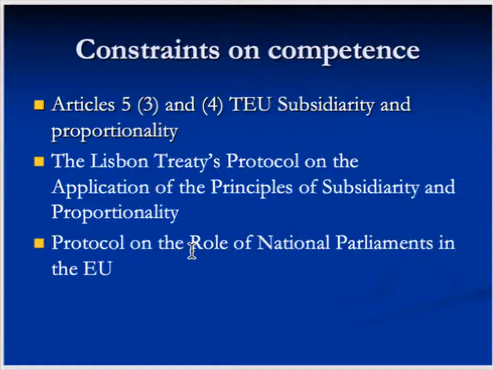The institutions of the Union have to apply the principle of subsidiarity as laid down in a protocol, which is an additional part of the treaty. And national parliaments are required to ensure compliance with the principle of subsidiarity in accordance with the procedure set out in that protocol.